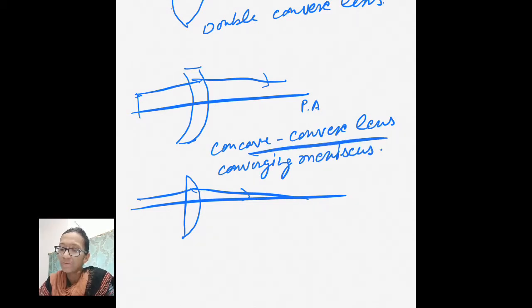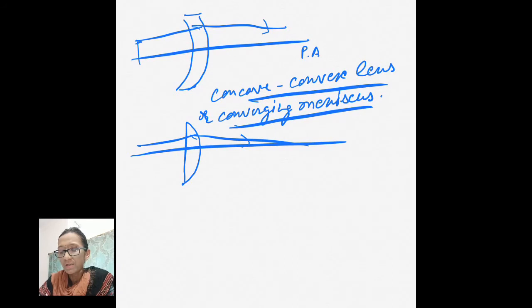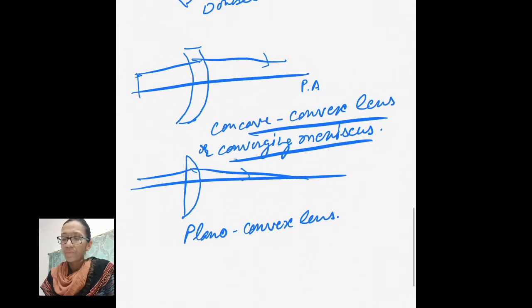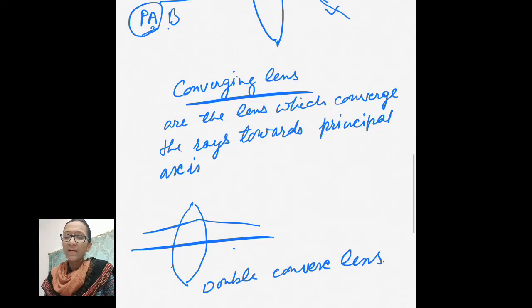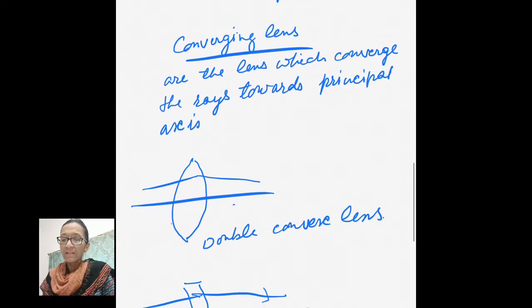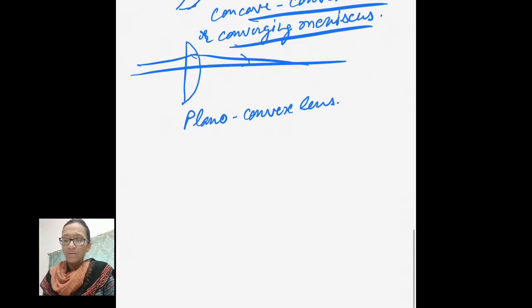Now you have this lens, and you can name this lens also as per the shape of its two surfaces. So you can say it plano convex lens. So all these are your converging lenses. I am discussing here the kind of lenses.